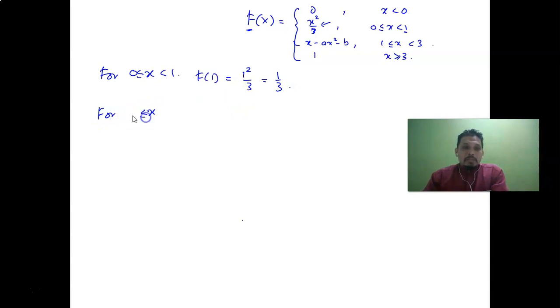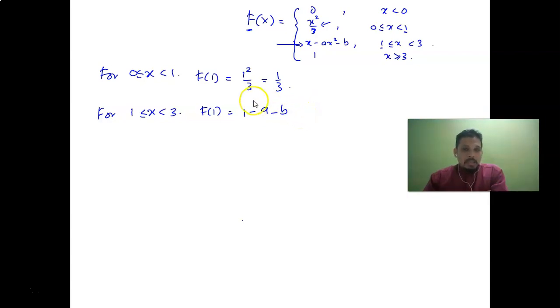For x in between 1 and 3, we refer to this function x minus a(x squared) minus b. Substitute with 1 first, so F(1) equal to 1 minus a times 1 squared, minus b.